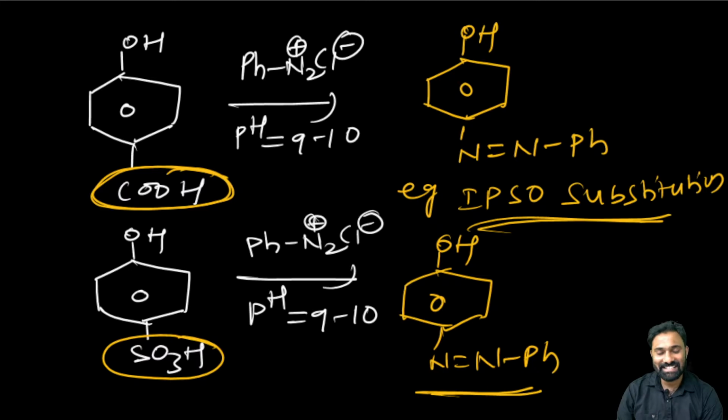My dear friend, I will explain the meaning of Lassaigne's test. Lassaigne's test is nothing but making an unknown organic compound into an ionic compound. You take the unknown organic compound in a small test tube and add sodium metal.